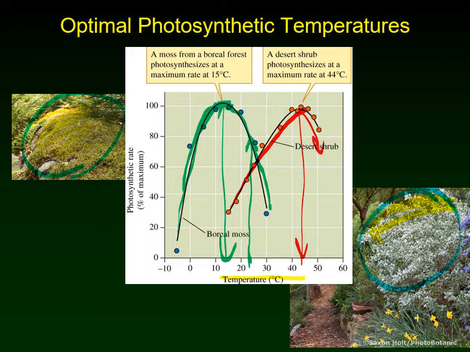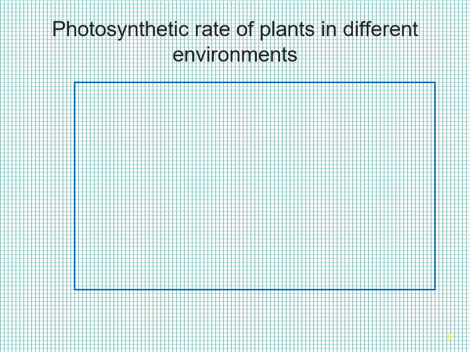So obviously these are genetically adapted to thrive in the environment. They're very different environments, the boreal forest and the desert biomes. If you're asked to draw the photosynthetic rate of a moss from the boreal forest and a shrub from the desert in relation to temperature, you know to put the temperature across the x-axis.